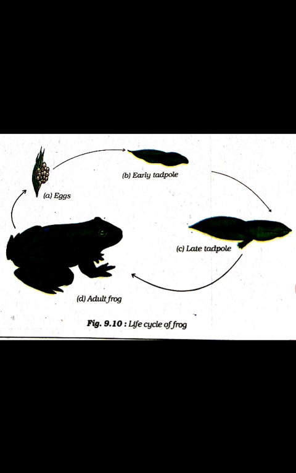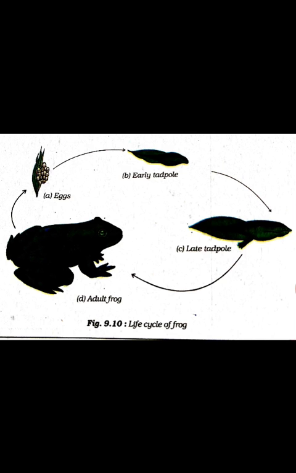Similarly, the caterpillar or the pupa of silkworms looks very different from the adult moth that you have already learned. The features that are present in the adult are not found in these young ones. And this transformation of the larva into an adult through drastic changes is called metamorphosis.